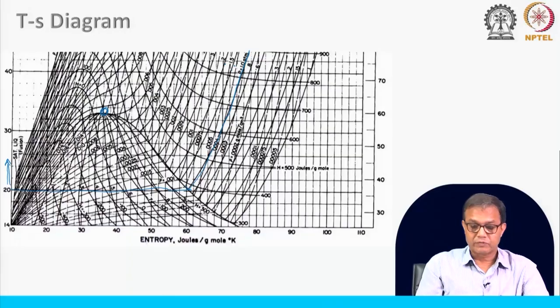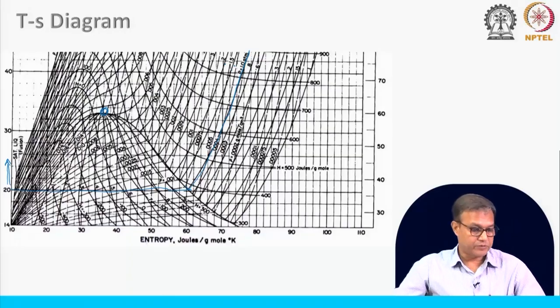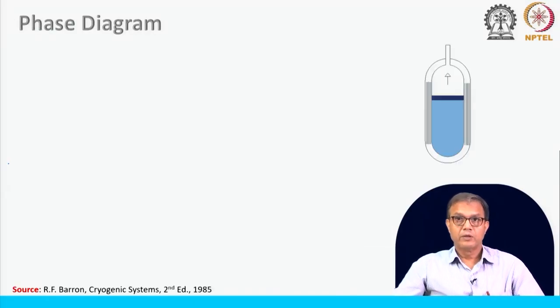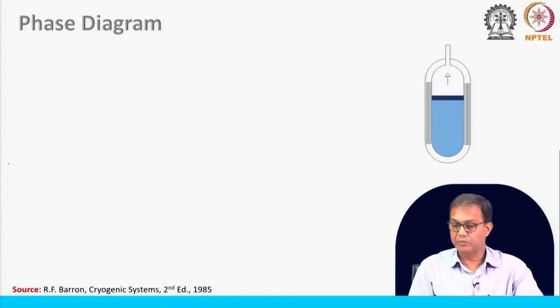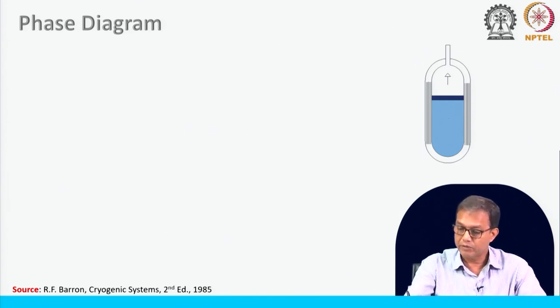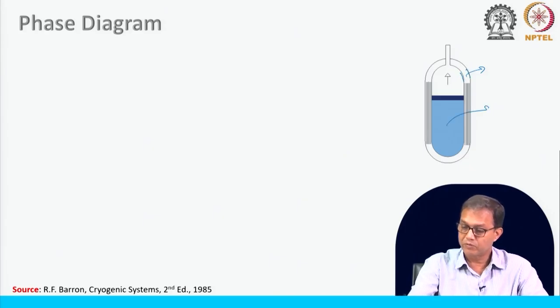Okay. So, this is about that TS diagram, and the phase diagram. Imagine that we have some amount of liquid hydrogen given in a container. Generally they are double walled vessels, this is the inner vessel, this is the outer vessel, and we have some amount of liquid hydrogen.